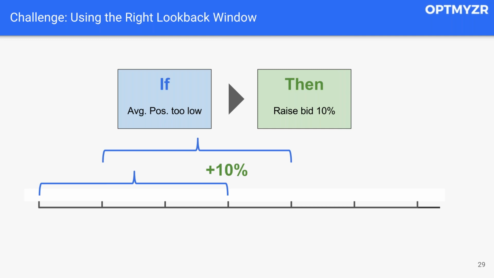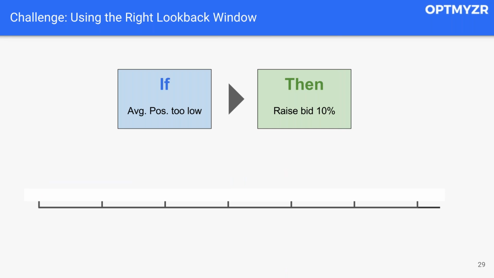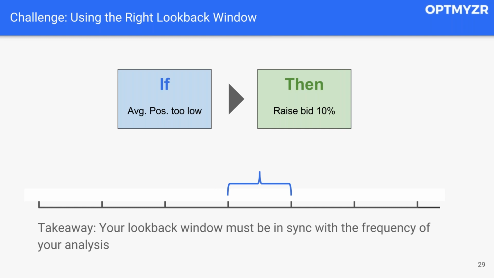Next week I run that same automation, but with only 1 week of new data and 2 weeks of old data. My average position is still heavily influenced by what was happening before I changed my bid. So if I raise my bid again, I may actually be raising it too much. In these rules-based systems, make sure you're being smart about look-back windows. You should probably consider just 1 week of data since the change to make your final decision.